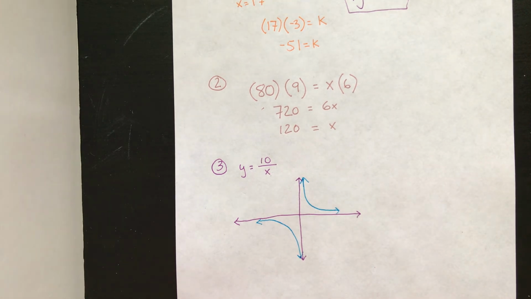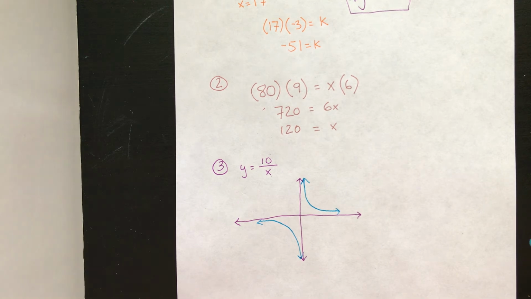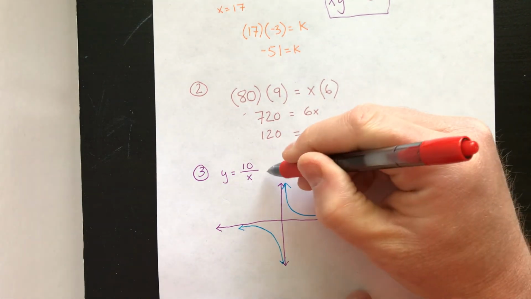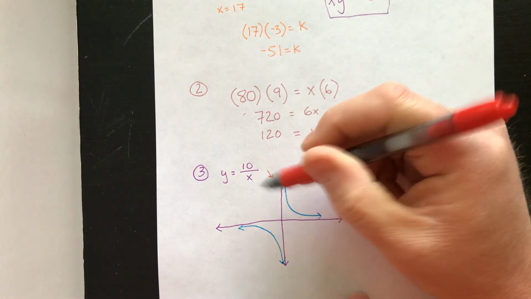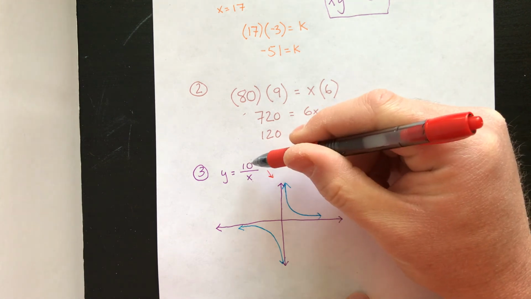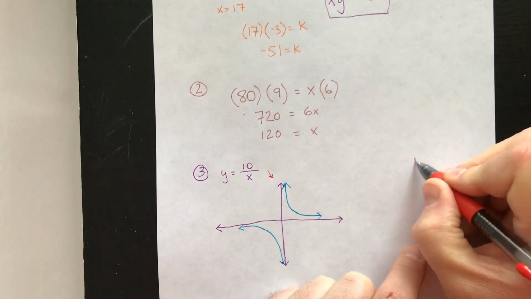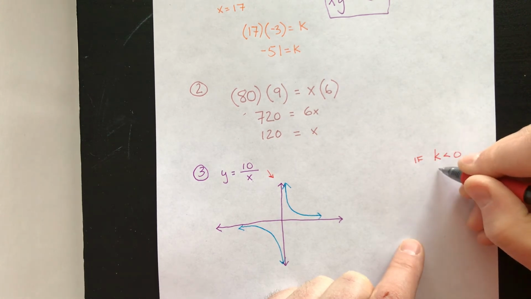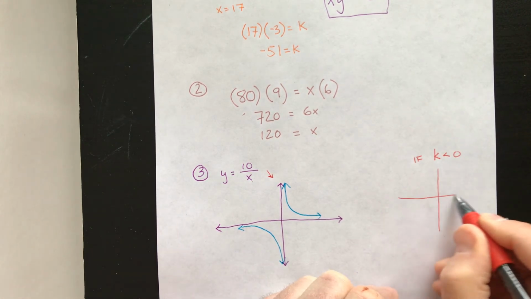Now, if your k was less than 0, then your curves end up the other way. So this here is the correct answer for our problem, because the k is greater than 0. Now, if k is less than 0, I'll just do a tiny graph right here. Here's my x and y.